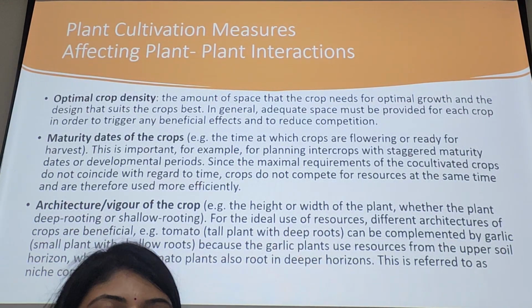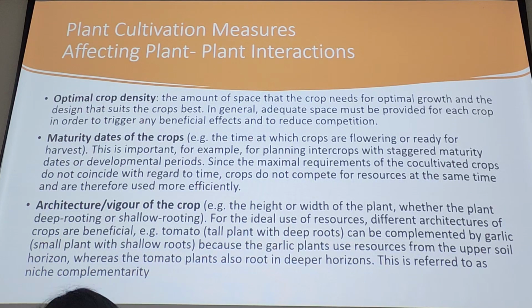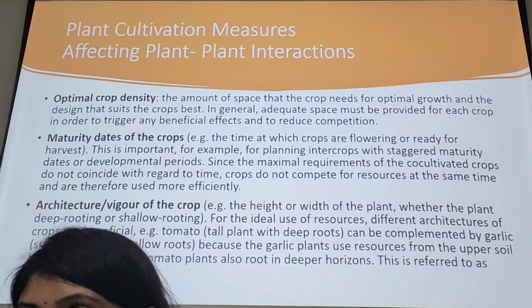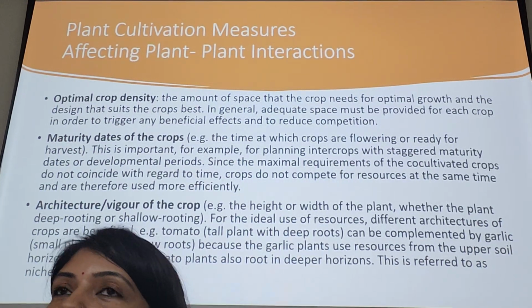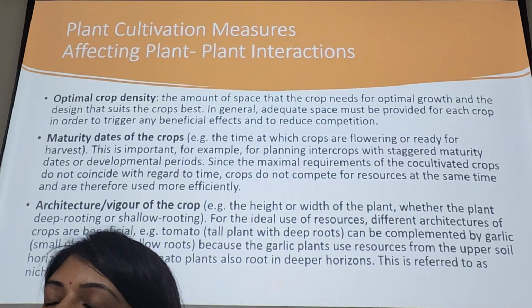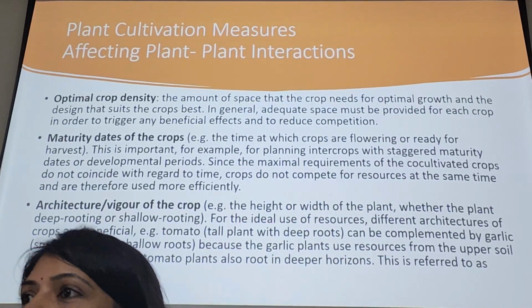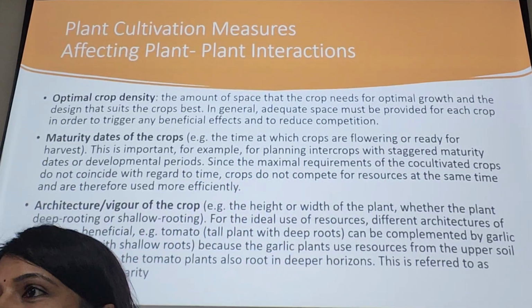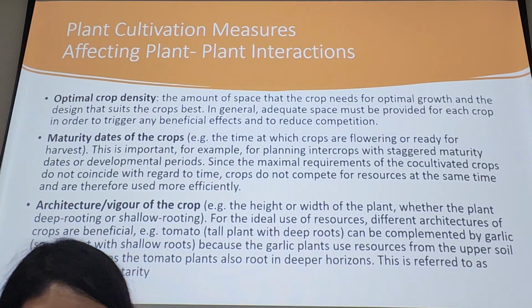And architecture or vigor of the crop: the height or width of the crop, whether the plant is deep rooting or shallow rooting. So we have to think of that as well. Preferably we will pair the crops that are shallow rooting with deep rooting plants, and the taller plants with shorter plants.